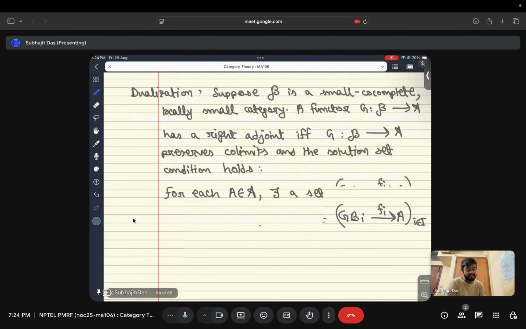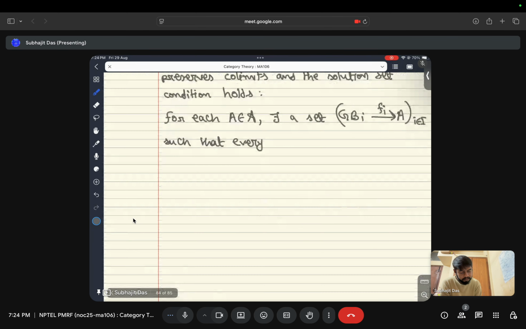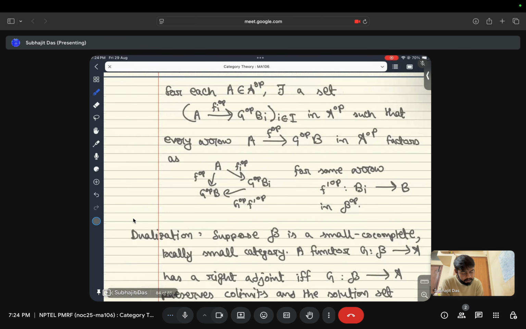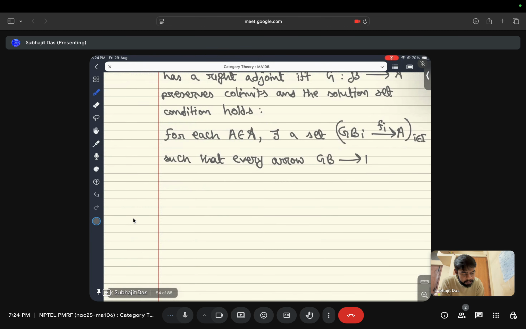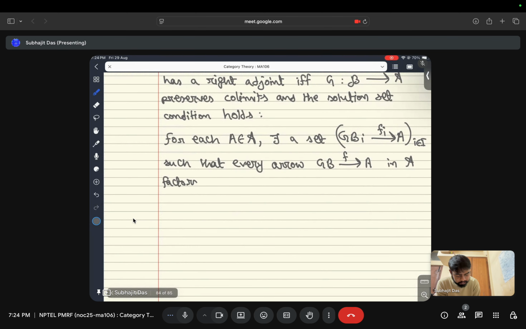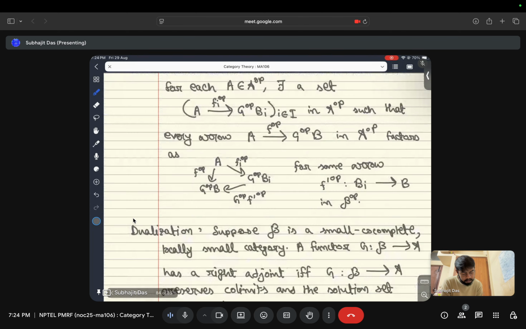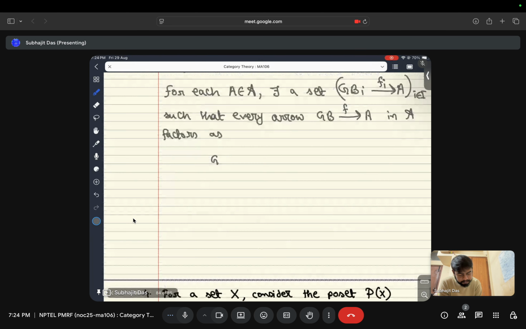So there exists a set like this of arrows in A such that every arrow, so A to G op B, F op was the arrow in A op, so we should take an arrow GB to A, F in A, factors as GBi to A, we have Fi.